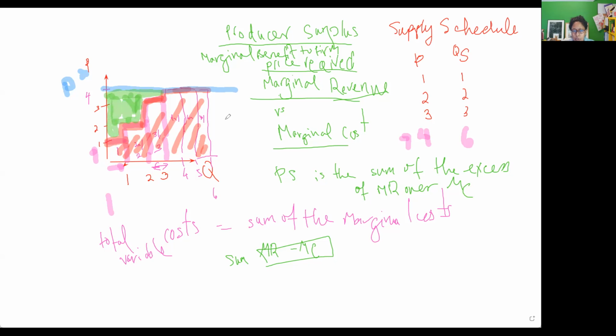What does this look like when we make our normal assumption about linear demand? Well, let's go back to our usual graph here, with linear demand and supply.